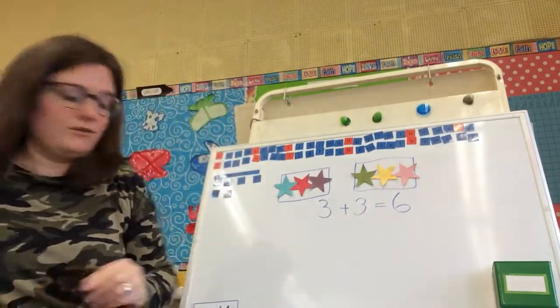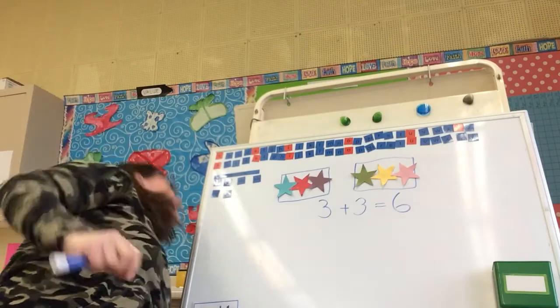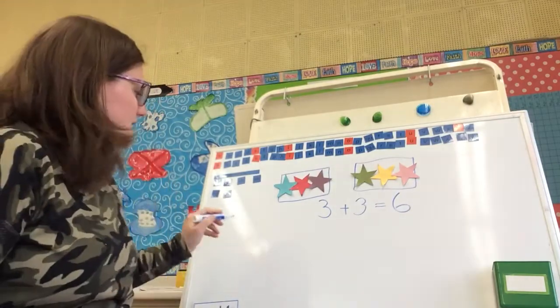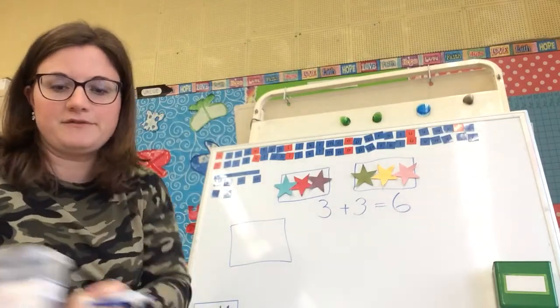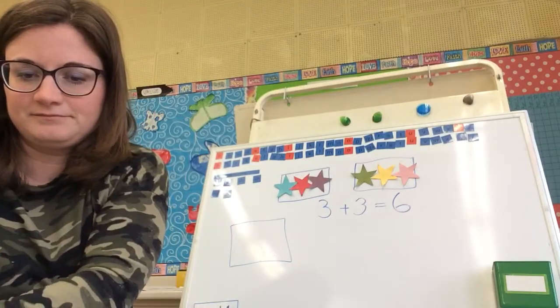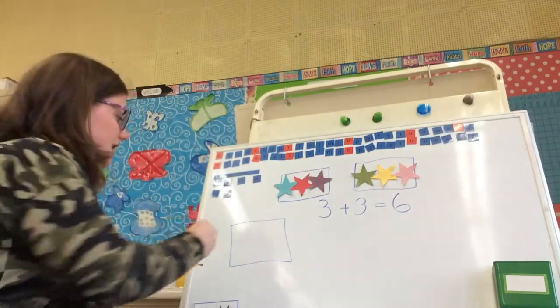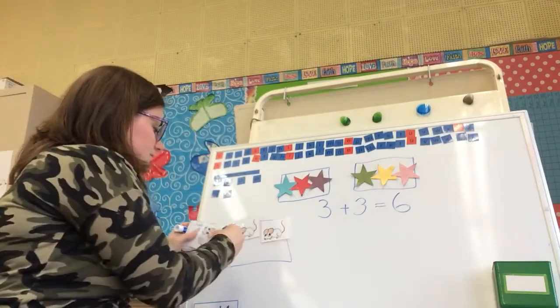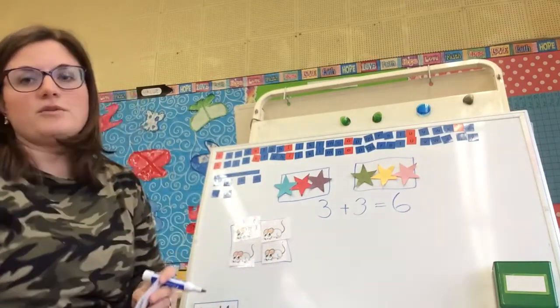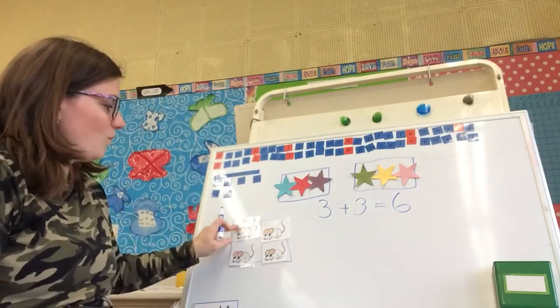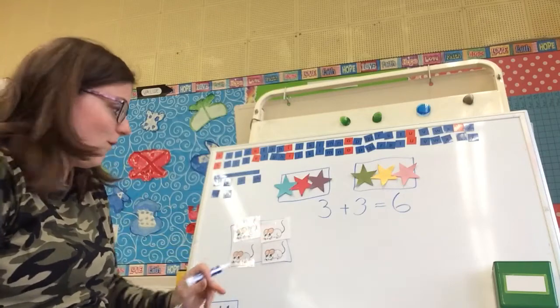This time I am going to use our mice. And I'm going to draw kind of like a little cage here. How many mice do you notice are in the first group? 1, 2, 3, 4.